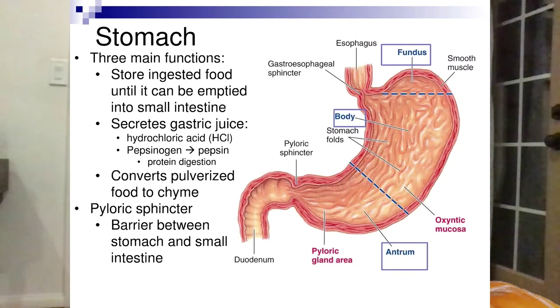The reason it's released as an inactive enzyme is because cells deep within the tissue of the stomach make this enzyme, and it's a protein digester. Most of the components of your cell are made out of protein. So if you excreted an enzyme in its active form and it had to pass through some tissues, you would digest yourself on the way out. So it releases an inactive form.